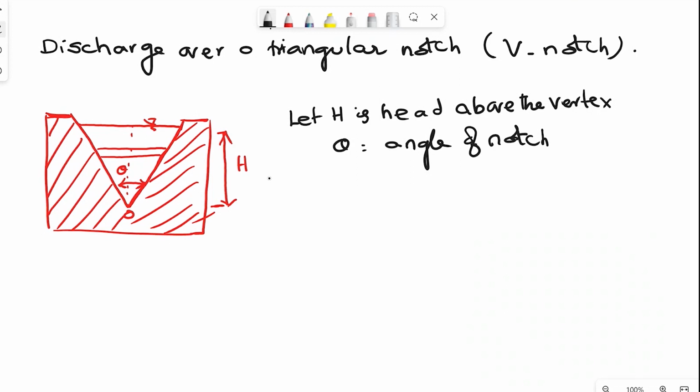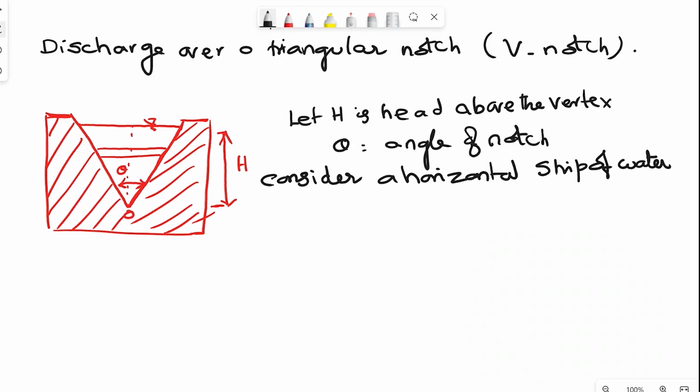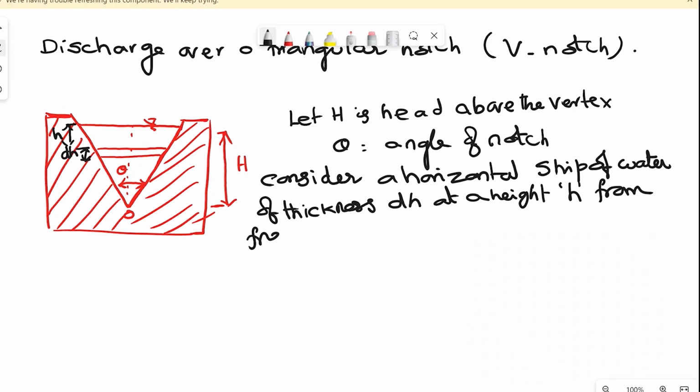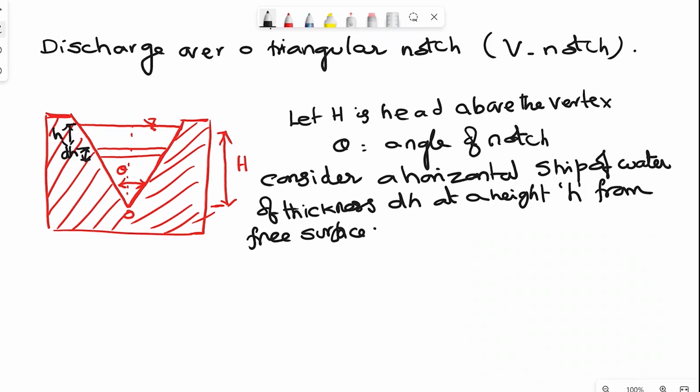Now, consider a horizontal strip of water of thickness dh, generally, located at a height h from the free surface. This is the first thing.